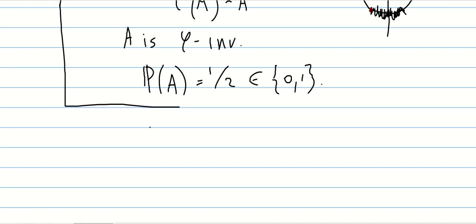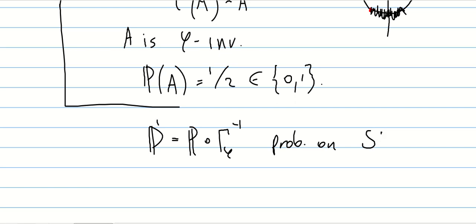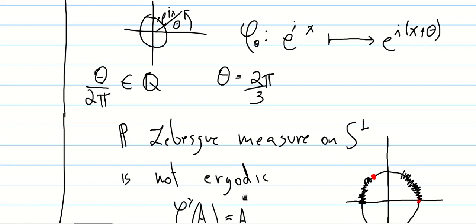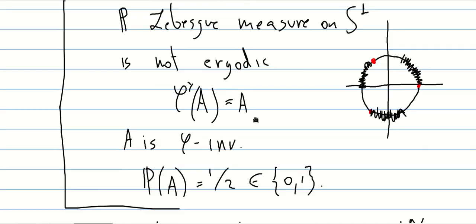We could take a P prime, for example, to be P gamma minus 1 of phi, and this will be a probability measure on S1 to the n, and this is not going to be ergodic with respect to the shift. It is invariant, but it's not ergodic.